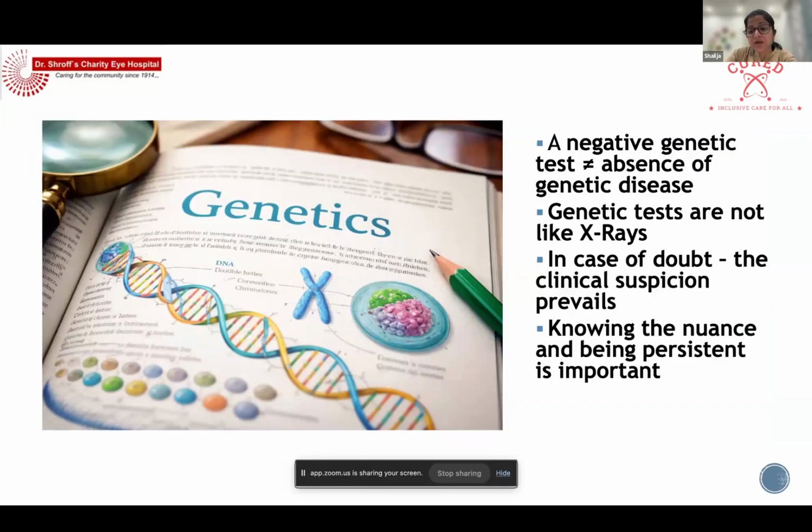No, it's not like that. In case of doubt, you always believe the clinical suspicion. It has to prevail, and you counsel the patients accordingly. But you can go back and revisit your phenotype, revisit your testing strategy, revisit the analysis again. So all these things can help you get a better result.